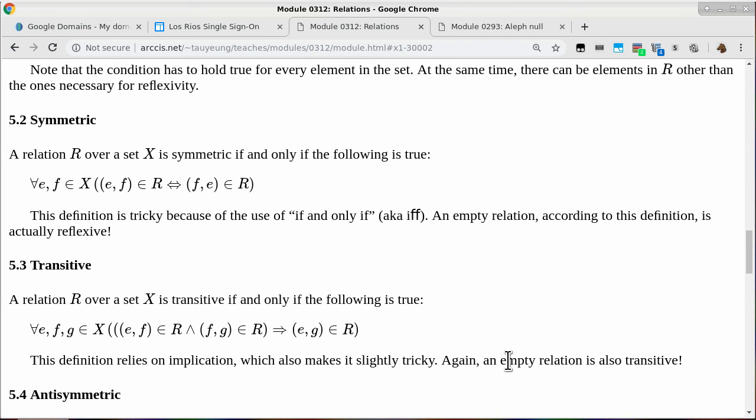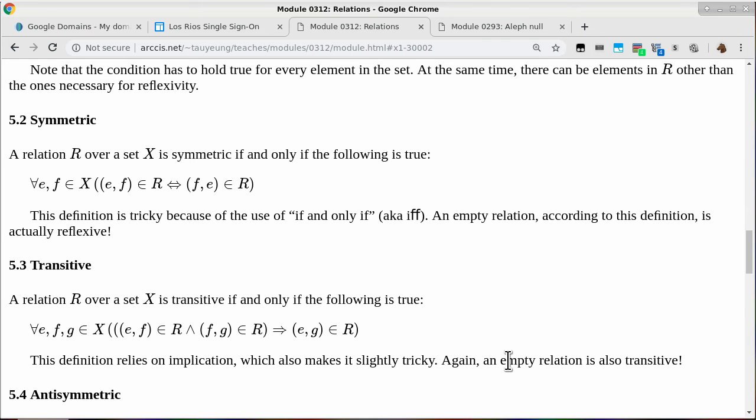So pick me three things out of the set, E, F, and G. If EF is in R and FG is in R, you better find me EG to be in R. So if this implication is true for every way to find three elements E, F, and G in X, then that relation is known as transitive. Is that okay?